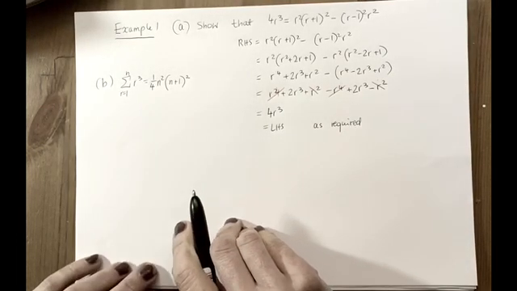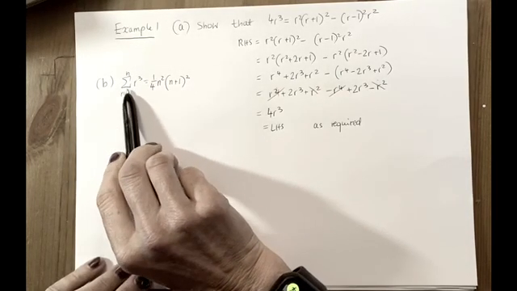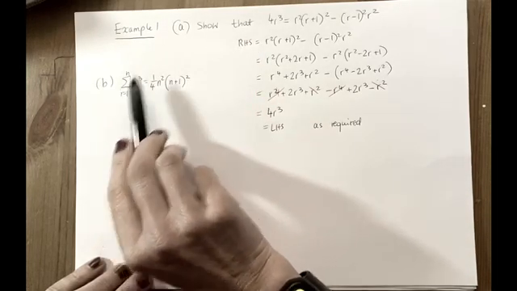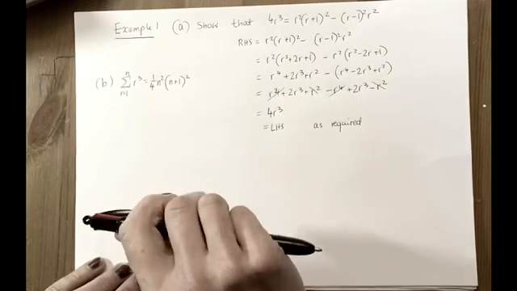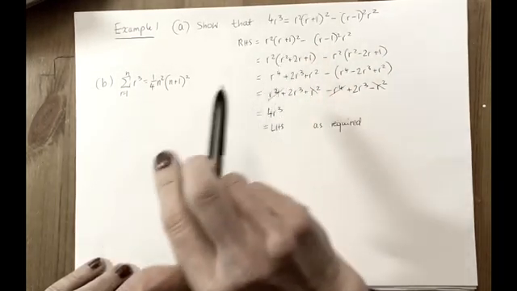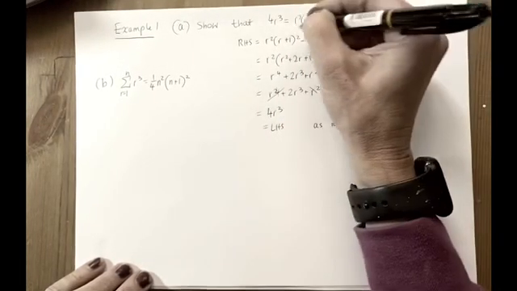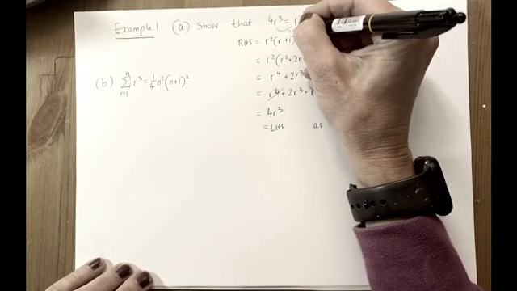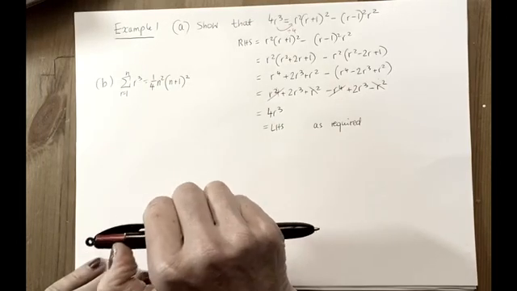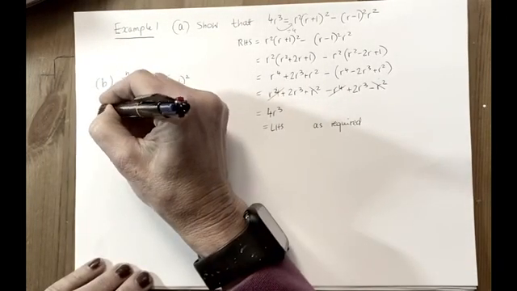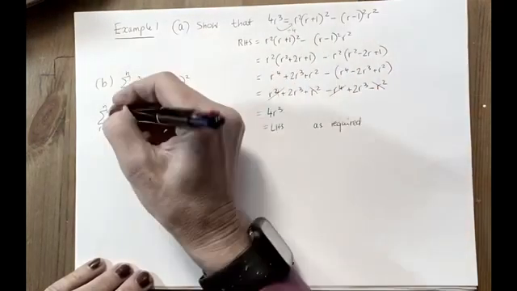Okay, so how does the method of differences work? In part A, you've shown that 4r cubed can be replaced with this identity. With the right hand side, we are dealing with 4r cubed, so we've got a quarter of this, so we just need to divide that by 4. So a quarter of this is equivalent to r cubed. The first thing we're going to do is rewrite our sum in terms of our new expression.